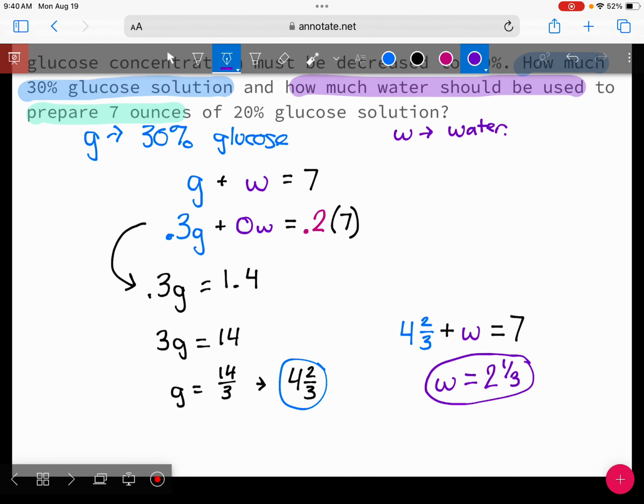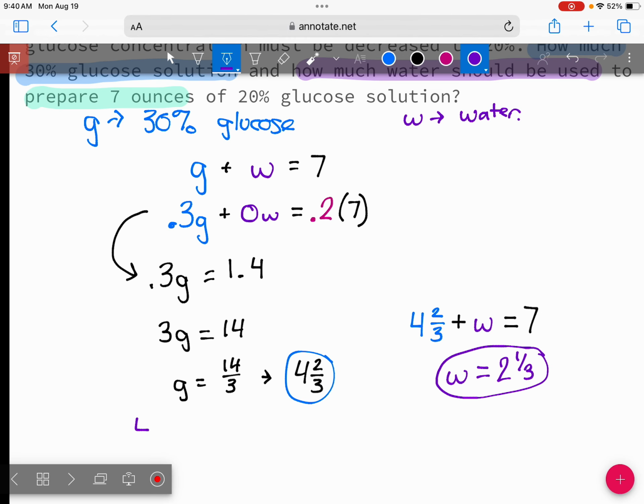So our final answer would be we need 4 2/3 ounces of the 30% glucose and 2 1/3 ounces of water. And that would make the correct amount of the correct formula.